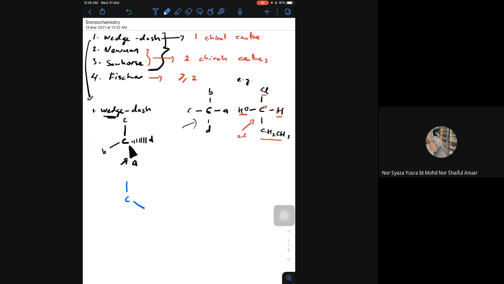Then you can start with the bold wedge and the dotted wedge. So this is how it is drawn. Okay, and have you tried to use the software that I have suggested?